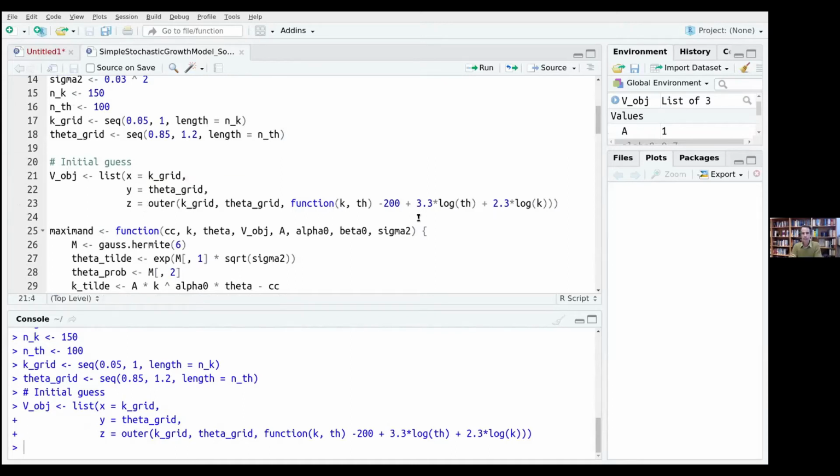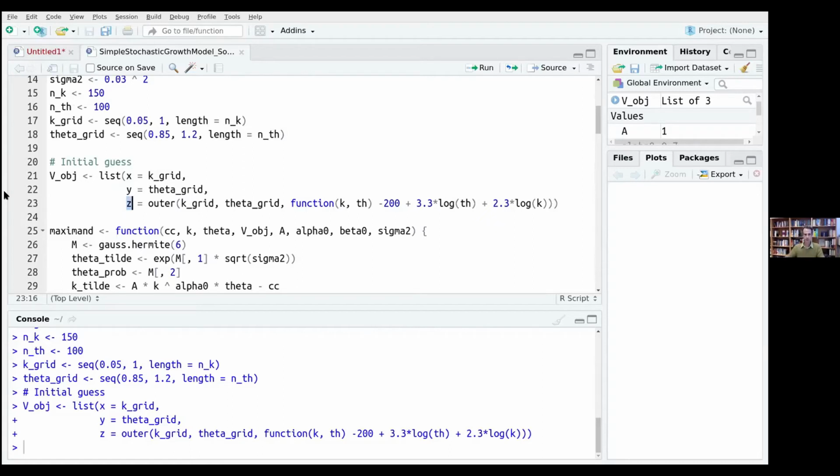The object is defined as a list, and this is because the interpolation command, which is the most complex part in this program, requires a list to define what should be interpolated. And this list has three components: the grids in the x dimension, in the y dimension, and a matrix Z, which tells us the height of the interpolation, of the points that should be interpolated.